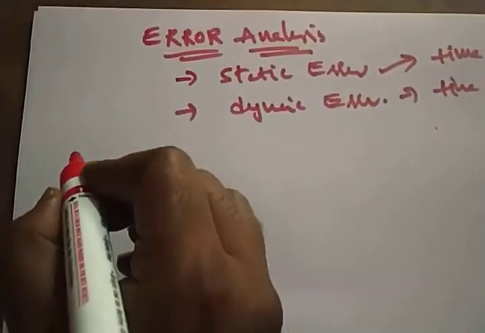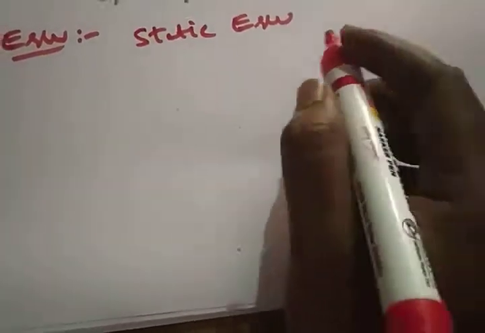So first, what is error? Error we can also call static error or absolute error.